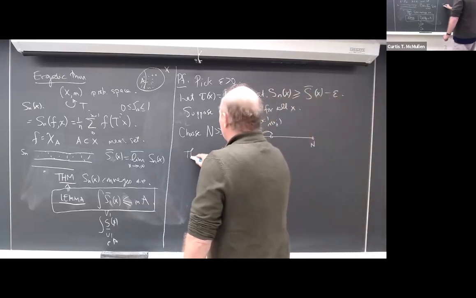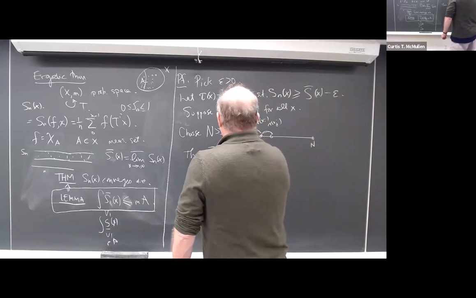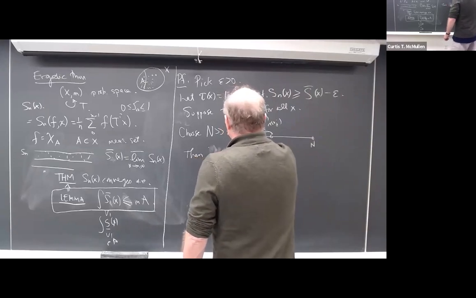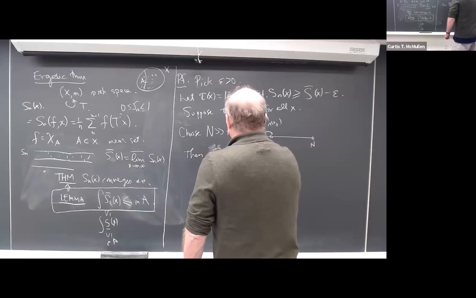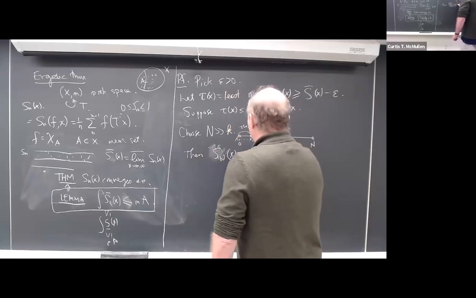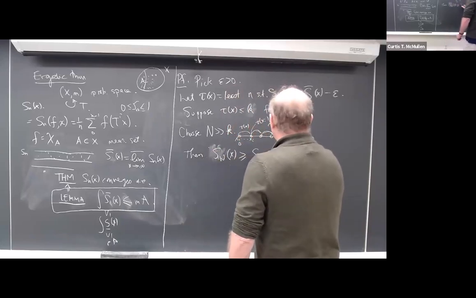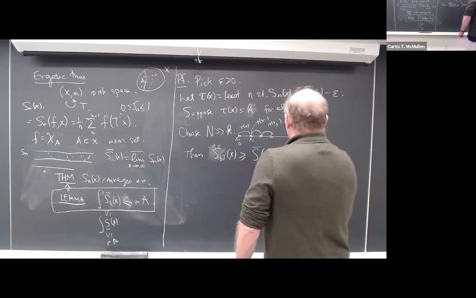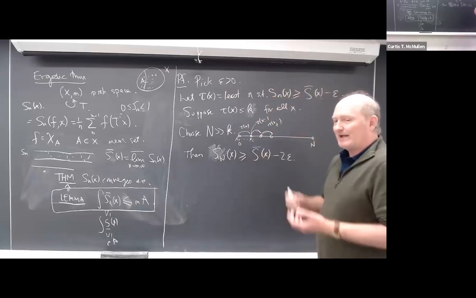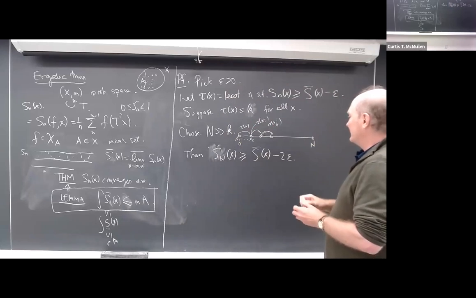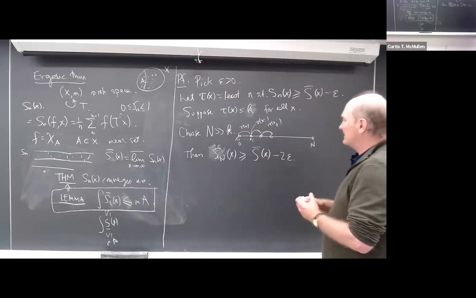So for that particular value of n, S_n of x is greater than or equal to S bar of x minus 2 epsilon, once you've taken n large enough.